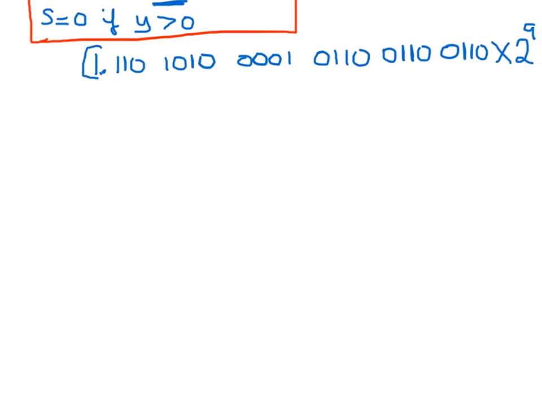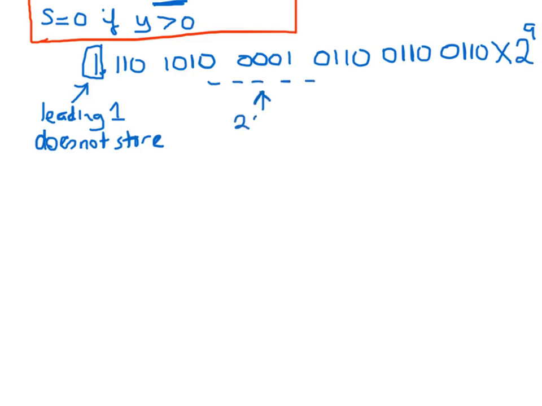Now let me just move this up again and give myself a bit of space. There will always be a leading one here. This is a leading one. And what the computer does is it presumes it's there, so it doesn't store it. It knows it's there, but it does not store it. What you're left with here are 23 bits. And these 23 bits become your significand.